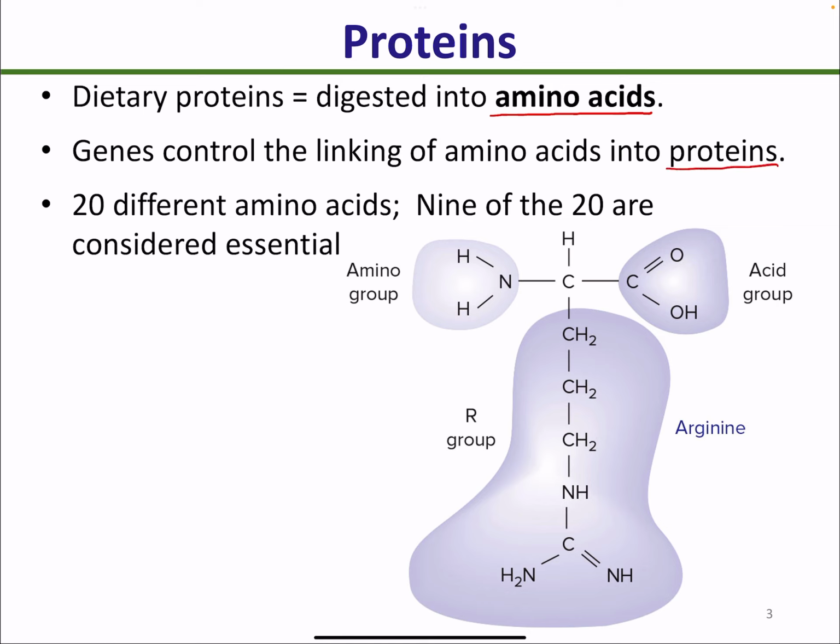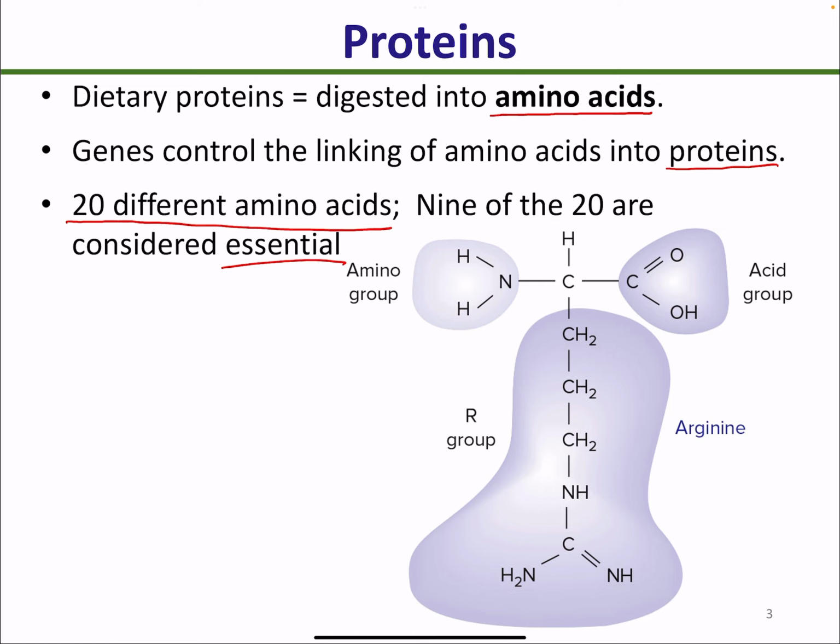Now, when we consider the different amino acids, they occur in 20 different kinds. These 20 different kinds of amino acids are found in our system. However, 9 of the 20 different amino acids that occur in our system are considered essential.